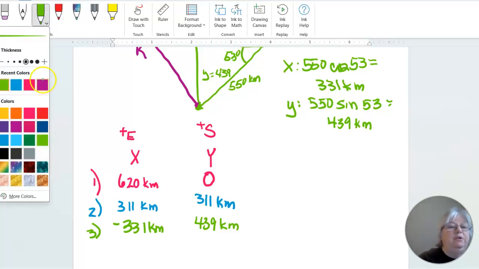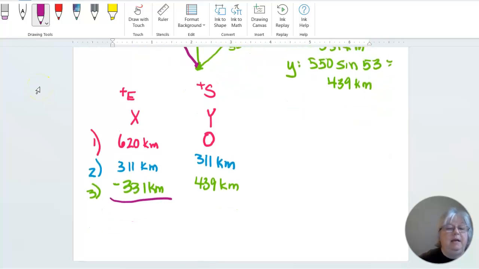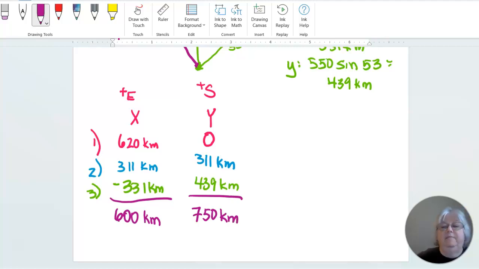Now I am going to add these up. 620 plus 311 minus 331. I hit that in and I get 600. 311 plus 439. I hit that in and I get 750.